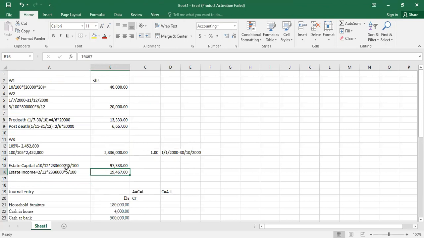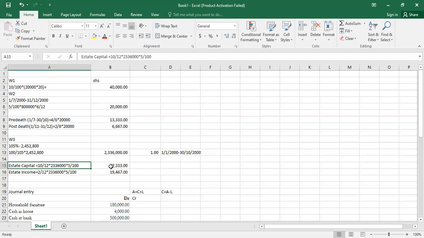So our cash capital was 2,452,800, but we are accruing an interest of 97,333. So it's like our cash capital is growing by 97,333.